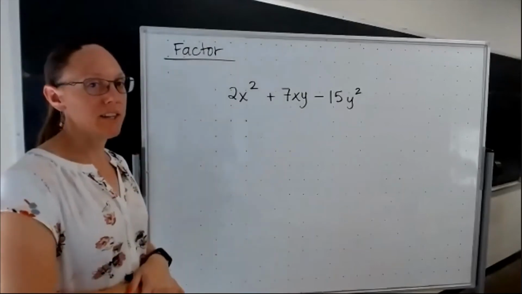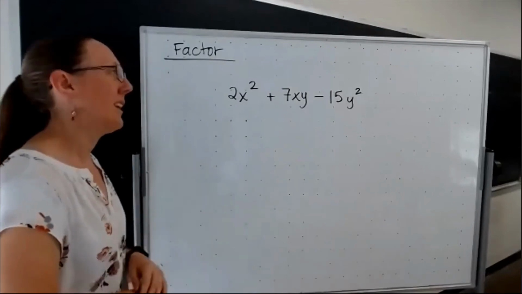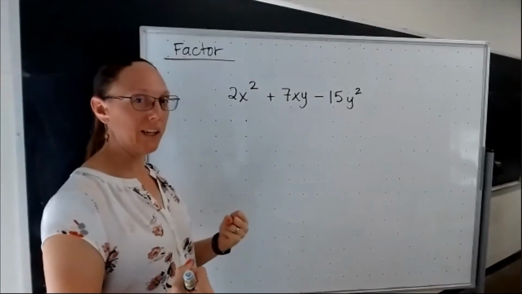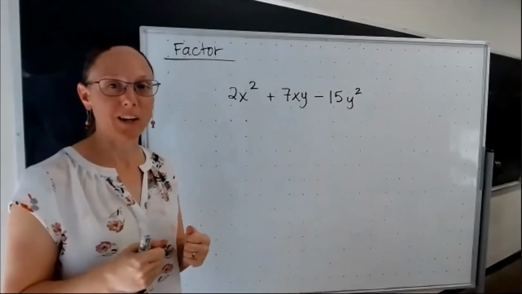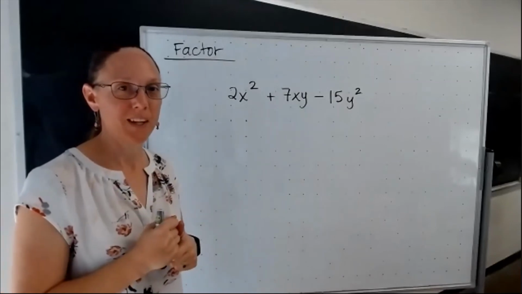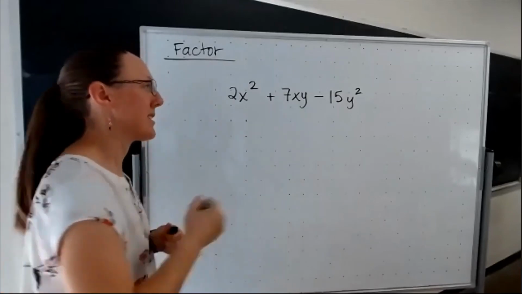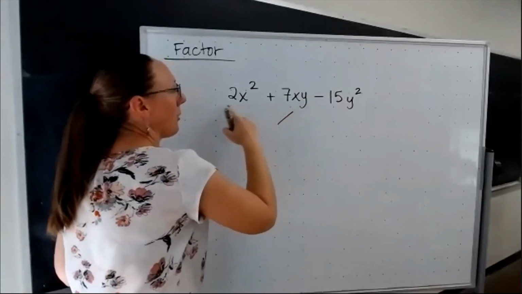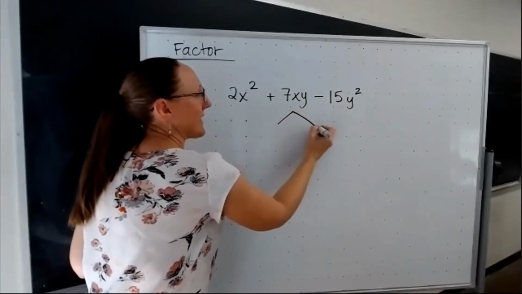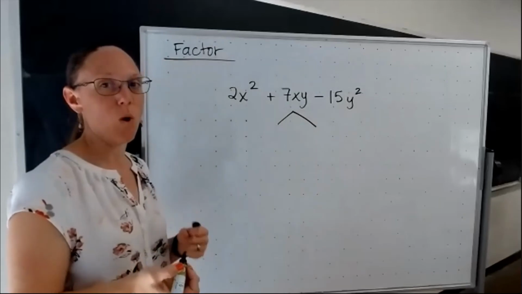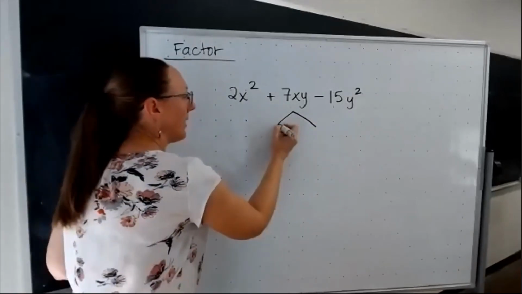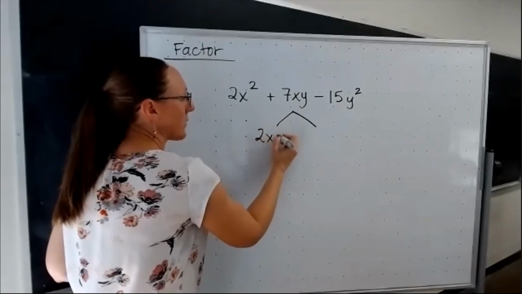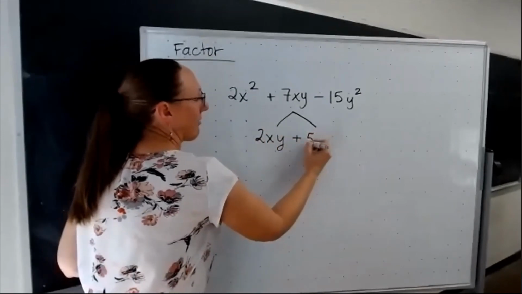So if I look at this trinomial, I'm going to channel my inner Emily and say that 7xy, I'm going to break it up into two pieces. And I need those two pieces to have something in common with the 2x squared and something in common with the 15y squared. So I'm going to break that 7xy up into a 2xy plus a 5xy.